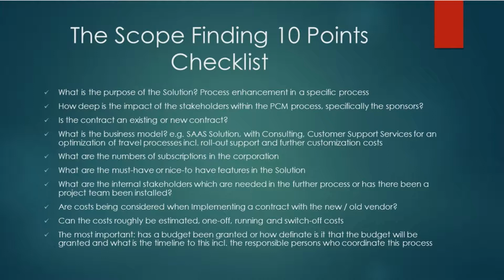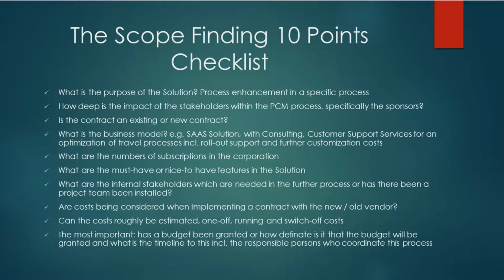When we look at the switch-off costs, we look at the costs when you switch off the solution. This means when the solution is not needed anymore, what costs can there be within the infrastructure or allocated to the infrastructure. These are things you need to think of. This could be, for example, a switch of data from one provider to another provider. What kind of transformation process will there be going on?